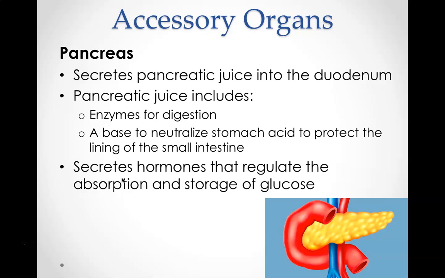So our pancreas helps to secrete a base solution to neutralize that and to help protect the lining of our small intestine. And then it also secretes hormones that regulate the absorption and storage of glucose. And we're going to go a little bit further with that later in the unit as well.